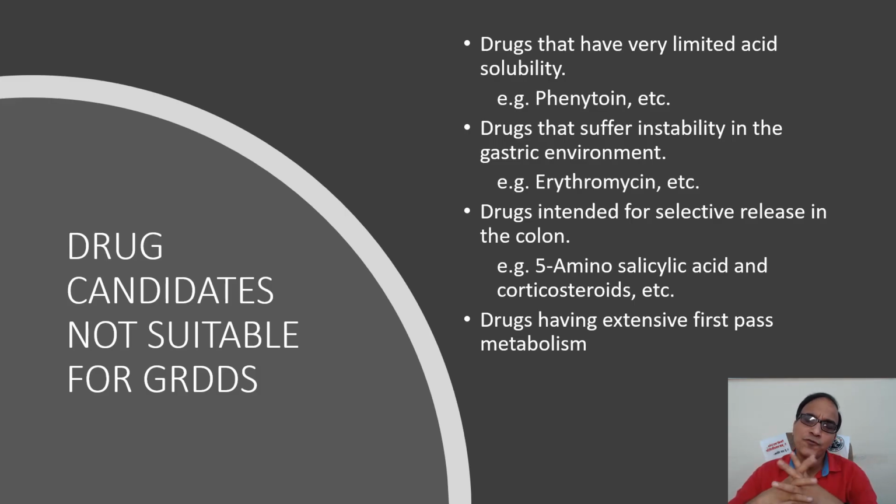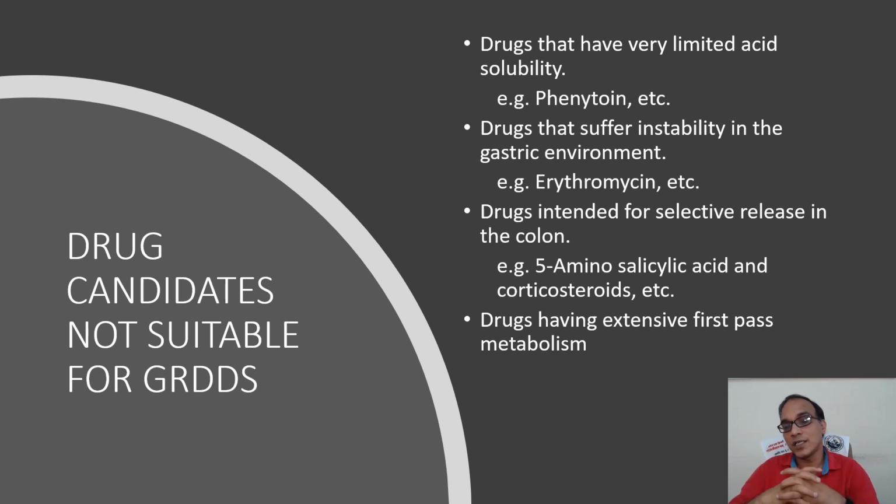Now let's focus on the drugs which are not suitable for GRDDS. You cannot take any drug and prepare a GRDDS. Sometimes it happens that students taking up projects for research work or for a PG dissertation take any drug for making a floating drug delivery system, a gastroretentive drug delivery system. There must be some rationale behind the selection of each and every drug.